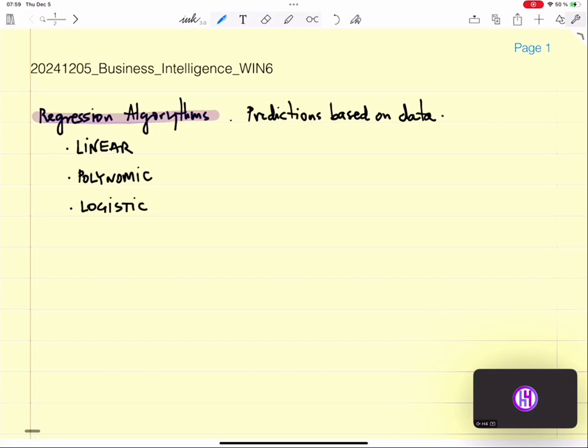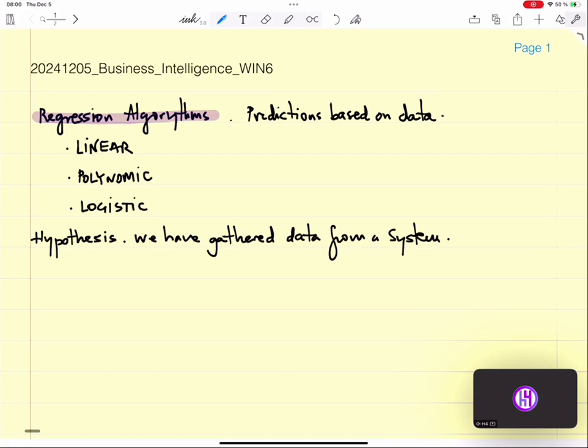Okay, so the hypothesis here is we have gathered data from a system. So we have data at this level.